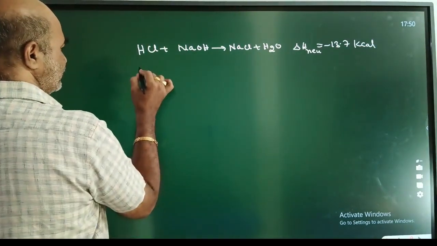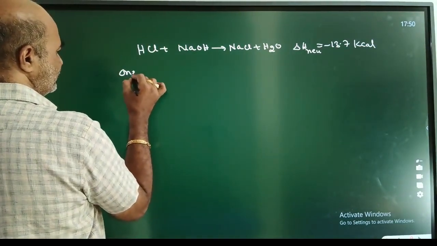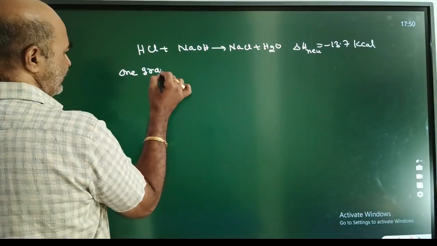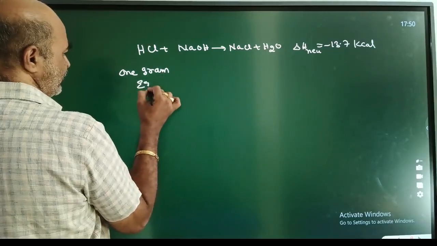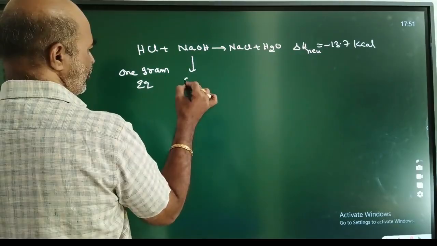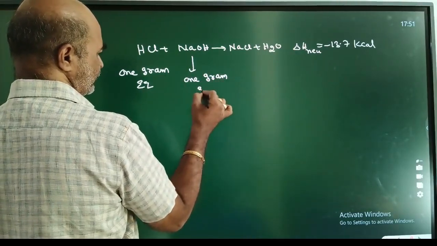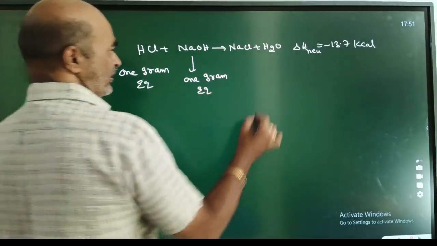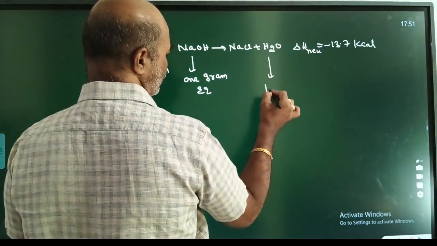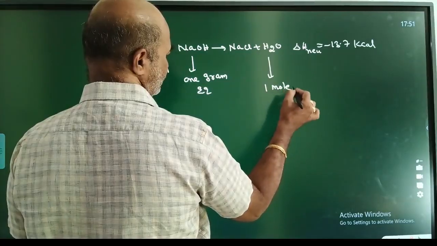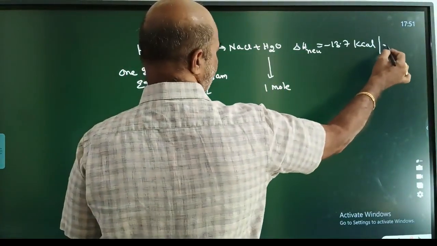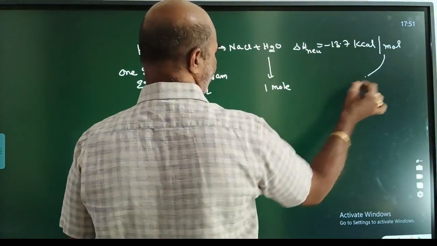This is 1 gram equivalent. This is also 1 gram equivalent. This is 1 mole of water, 13.7 kilocalories per mole of water.